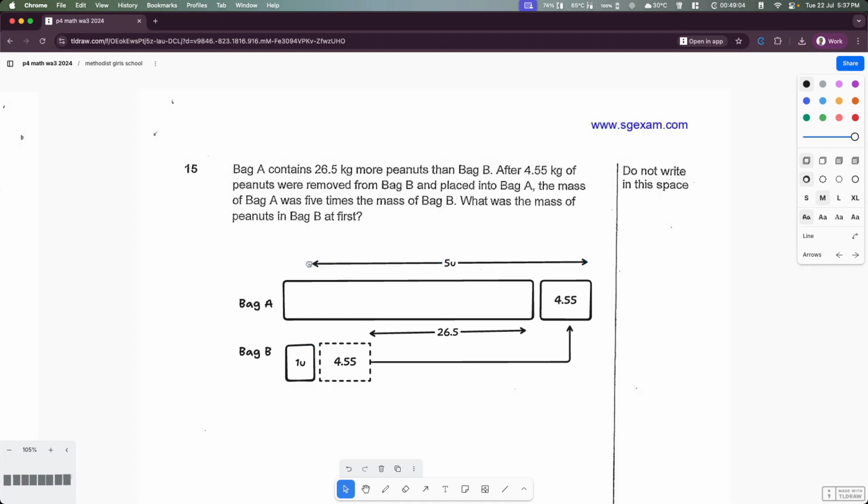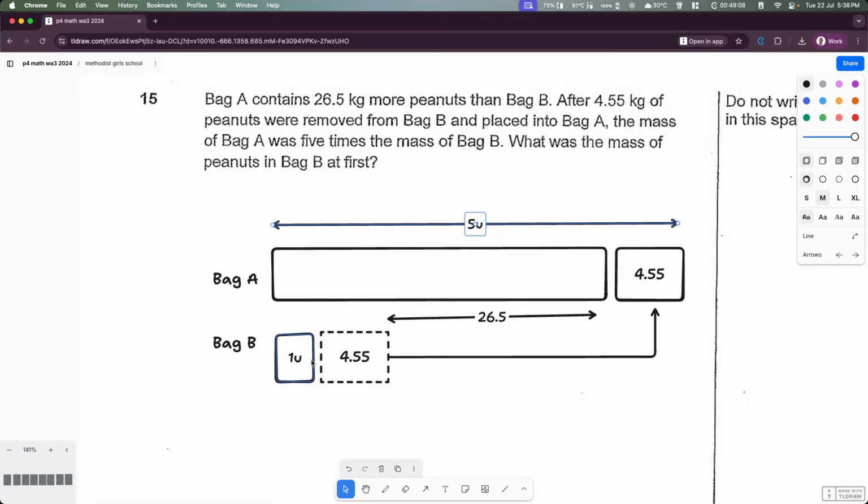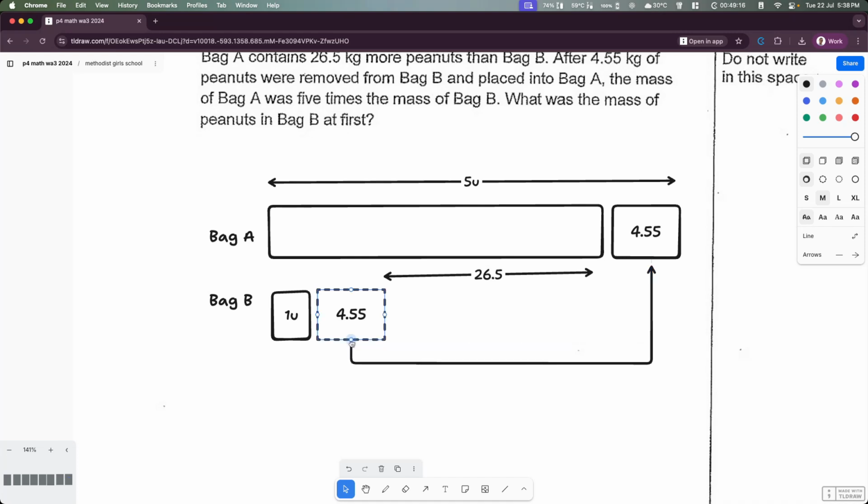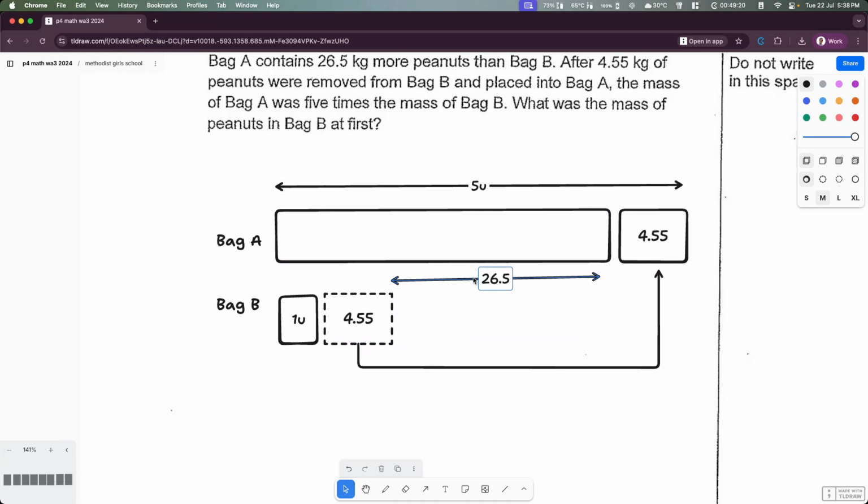We have 5 units for the whole thing and this is 1 unit. Hopefully this gives you a better idea of how this looks. But in this case, can we solve this? If your answer is yes, great. If your answer is no, then let's go through it.